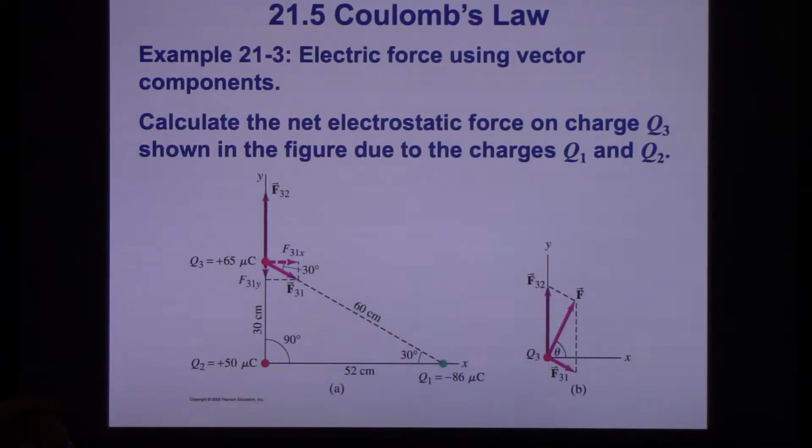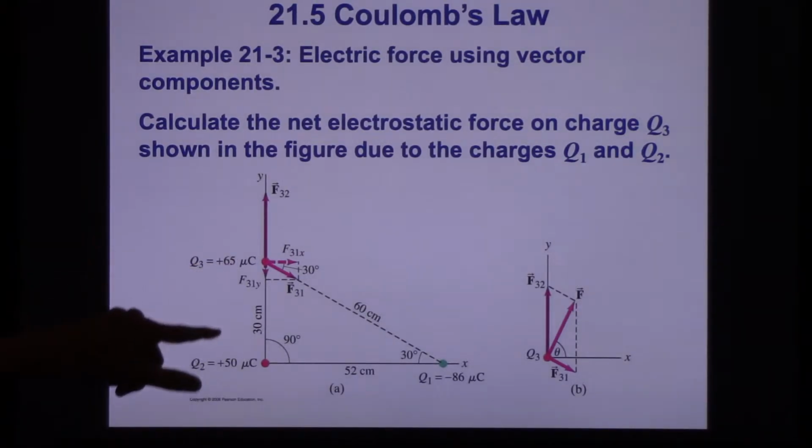So what we said was, in a force diagram like this, we can isolate one charge at a time and look to see what the net force would be on any of the individual objects in our force diagram. And fortunately, they did not ask us to do all 3.